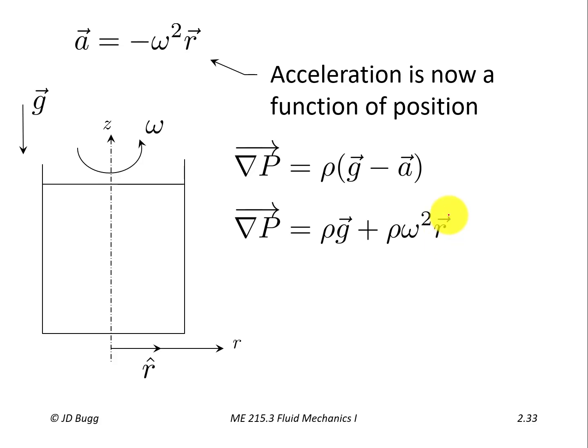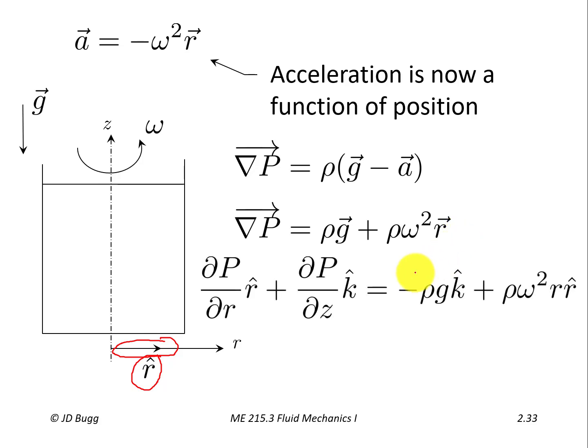Now, similar to what we did for a Cartesian coordinate system where we used i, j, and k as unit vectors, here we want to define r hat as a unit vector in the r direction. So we can split this r vector up into a magnitude and a direction in the next step. So that's what we've done here.